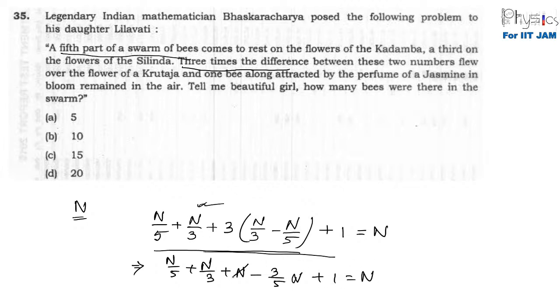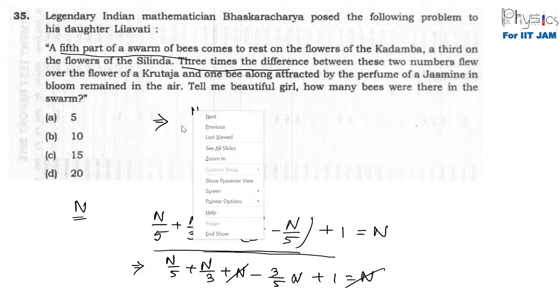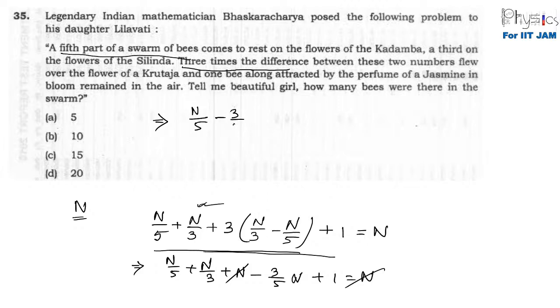Now we can cancel n from both sides. So it will give us n by 5 minus 3n by 5 plus n by 3 equal minus 1. So what we get is minus 2 by 5 n plus n by 3 equal minus 1.